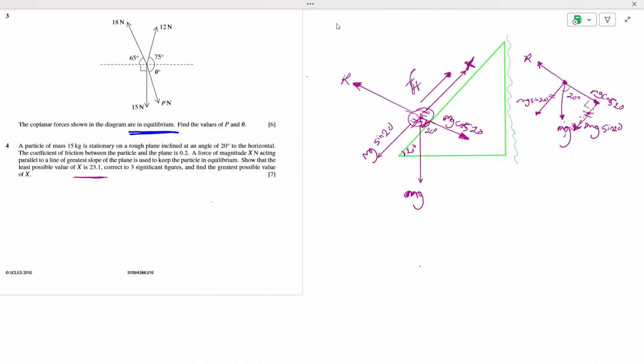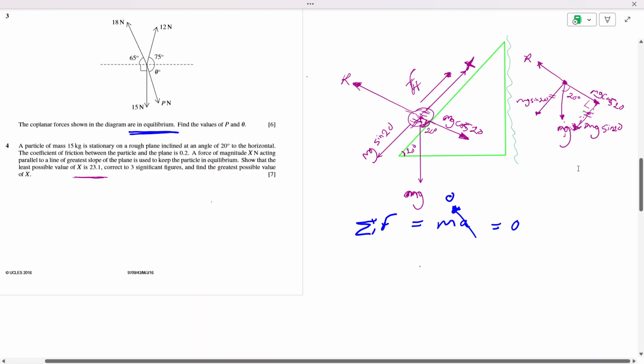Newton's second law of motion, which is that the total summation of F, right, is equal to ma. The resultant force will give us an acceleration, but in this case, since there's no movement, we know that the acceleration is equal to 0. It's in equilibrium, so therefore the resultant force is going to be equal to 0, right?